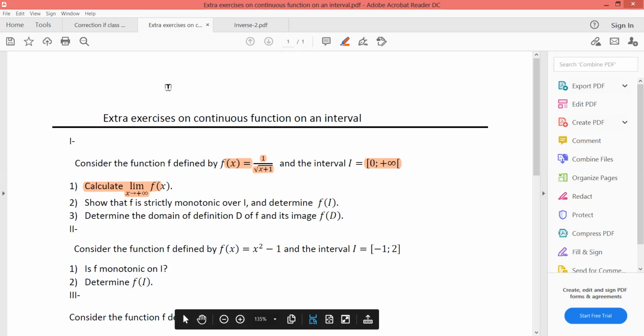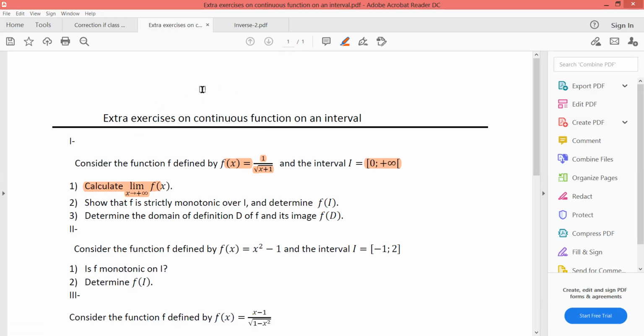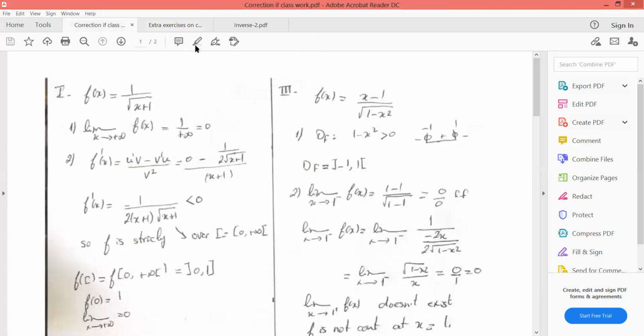If you are asked to give a geometrical interpretation, as x tends to infinity you get 0, so we deduce that y equals 0 is a horizontal asymptote. So the limit as x tends to plus infinity is 1 over plus infinity, which equals 0.